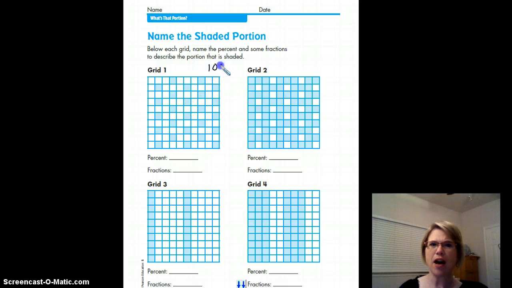So we have 100 spaces on every one of these grids. So if I want to write a fraction, it's going to be out of 100 of these little squares on here, right? Okay. So your job is to figure out, first of all, how many little squares are shaded on here?